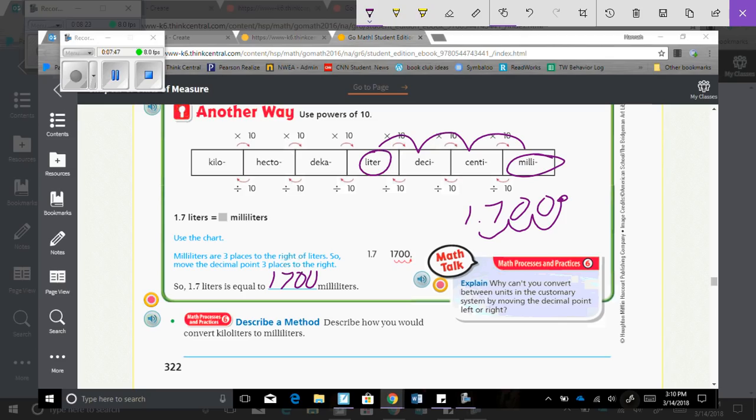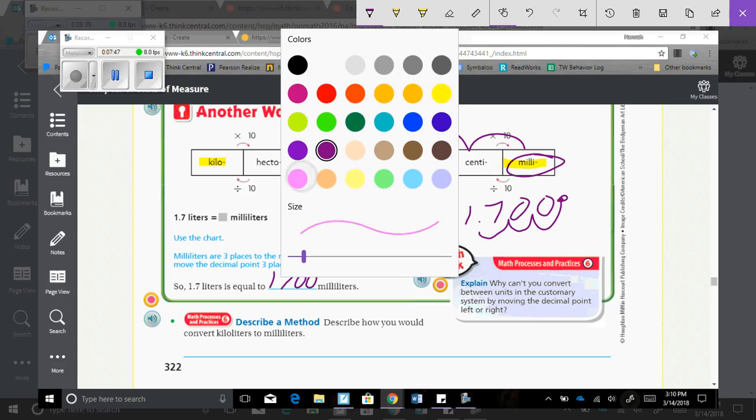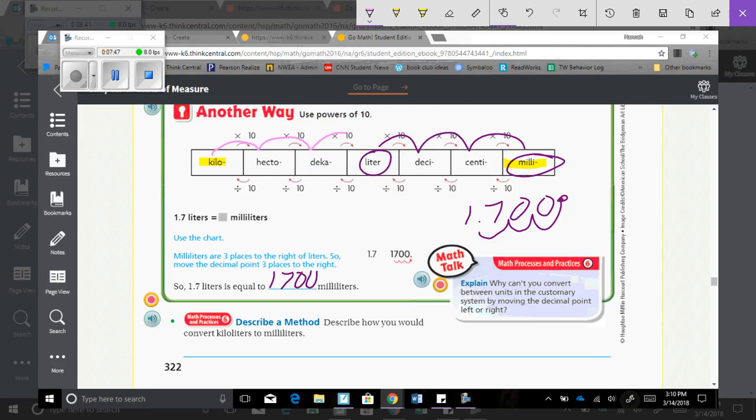Describe how you would convert kiloliters to milliliters. So if we look at kiloliters, let's do a different color. Kiloliters to milliliters. Let's see how many places we have to go over for that. So we go 1, 2, 3, 4, 5, 6.